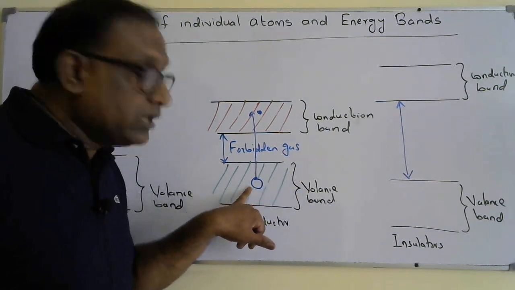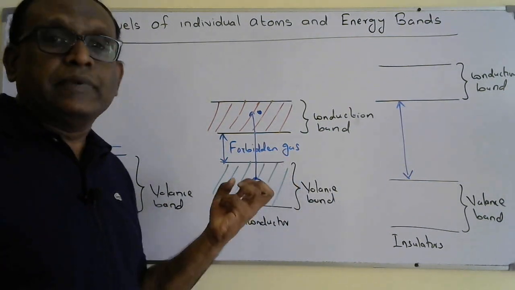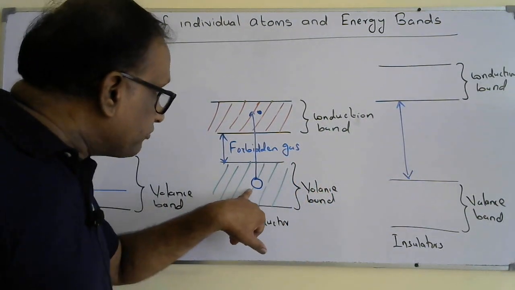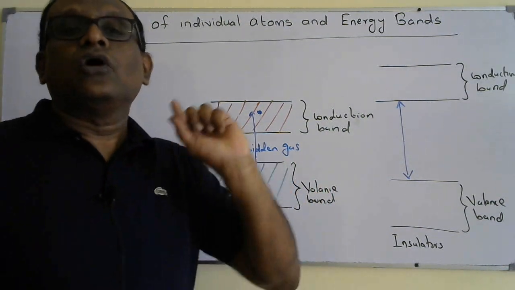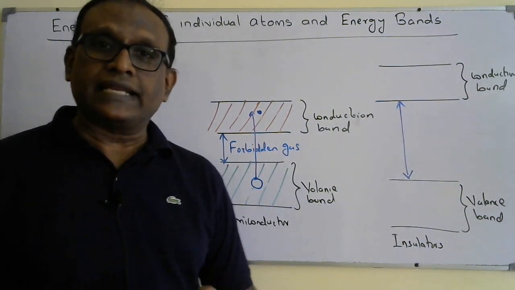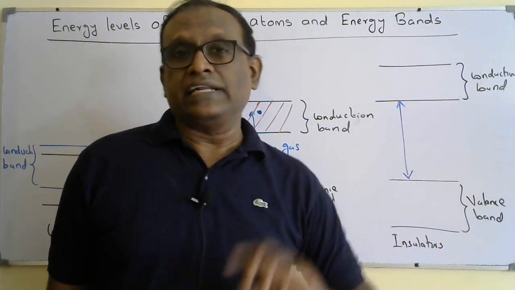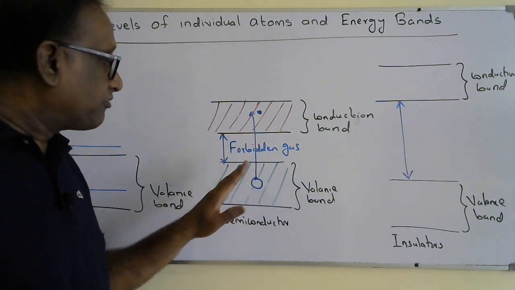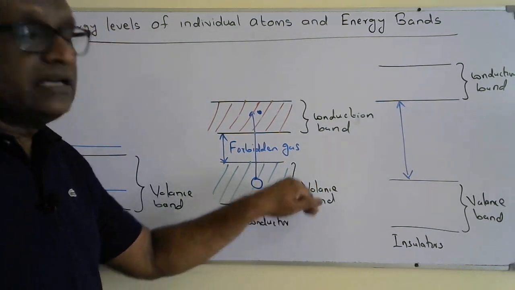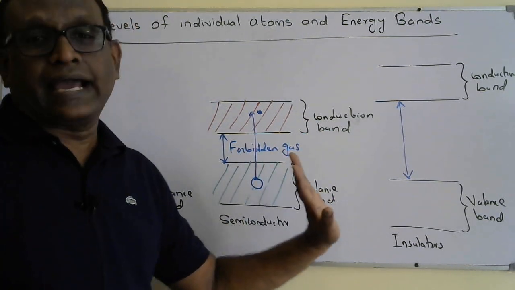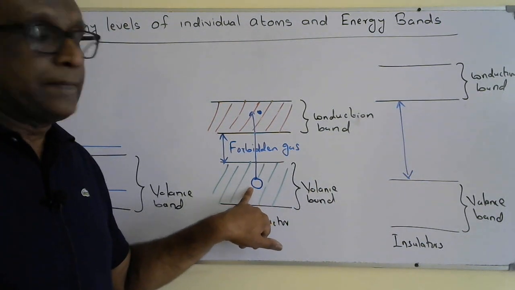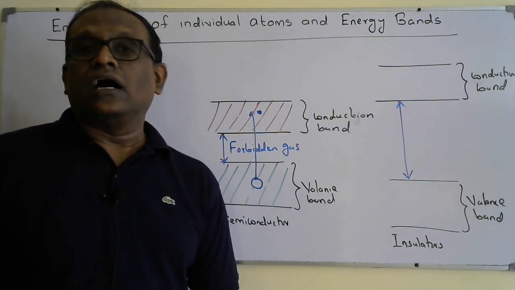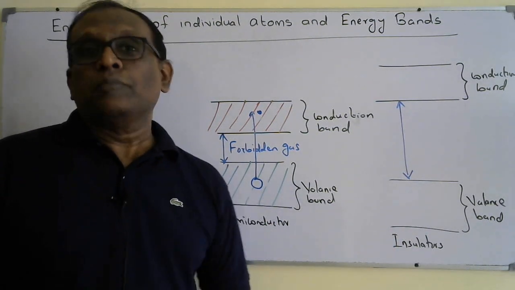So when the hole accepts an electron, it behaves like a positively charged particle. We normally say the charge of the hole is plus 1.6 times 10 to the power minus 19 coulomb, which is the same magnitude as the charge of an electron, but on the positive side.